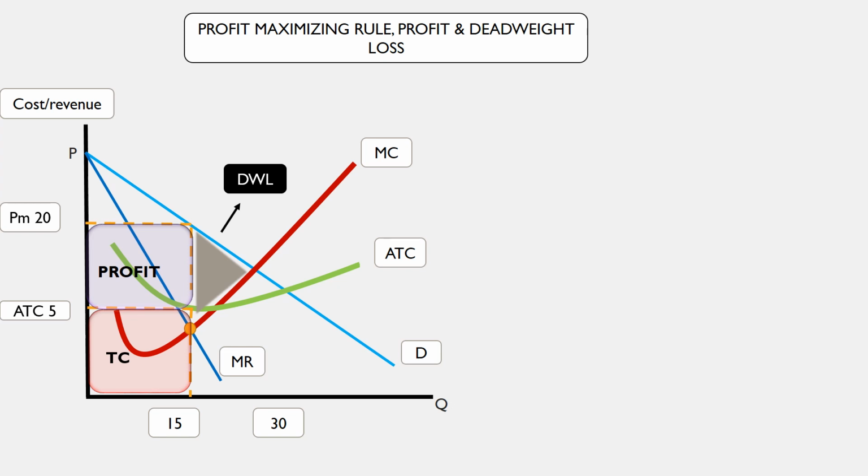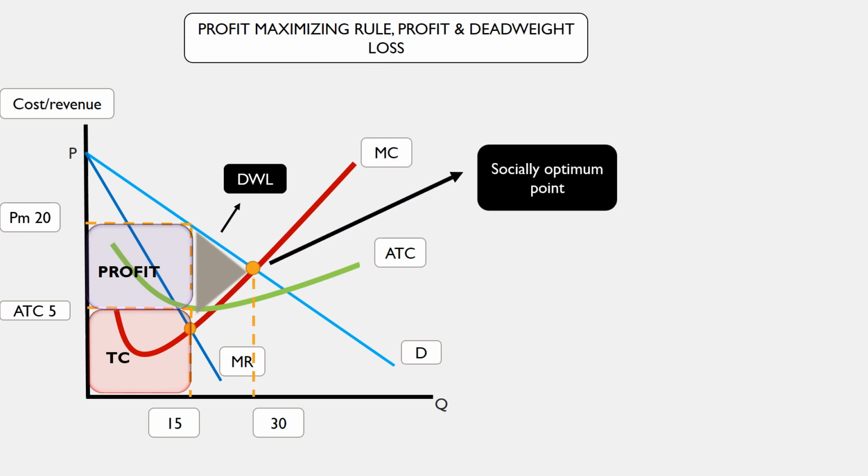The socially optimum point is at quantity 30, which is the point where the marginal cost curve intersects the demand curve. If you produce at this level, definitely it's good for society because you're producing more and many customers are able to buy at a lower price. But if you charge a very high price above the social optimum point, which every monopolist does, it always creates inequities and deadweight loss. That's why we say monopolies are inefficient.